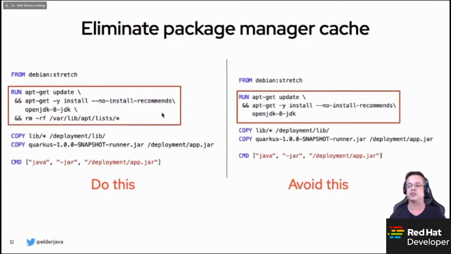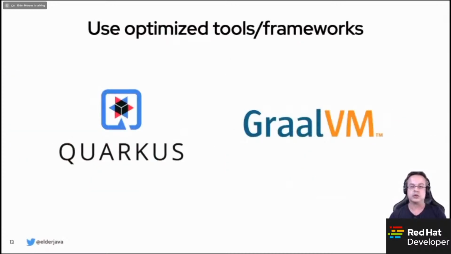So instead of just using this, you should add another line. Remember the group unit? We just added another line to the group unit to remove the cache of our package manager. And of course, beyond making your base image as small as possible, you should also use optimized tools and frameworks, because it's not only about your image, it's about your application also.